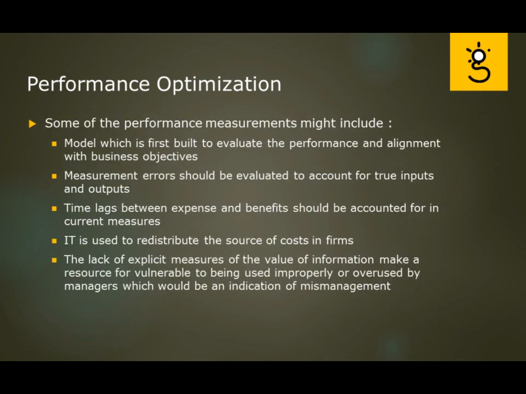As we continue to look at performance optimization, we have to know that some of those performance measurements might include the model, which, by the way, should be the first built part of this, and which we use to evaluate the performance and its alignment with business objectives. Think about that. Whatever it is that we have, it's performing some function for us, and we want to optimize it.